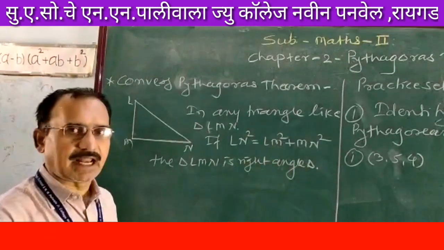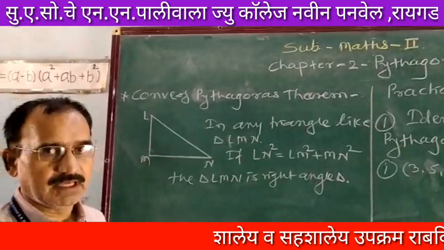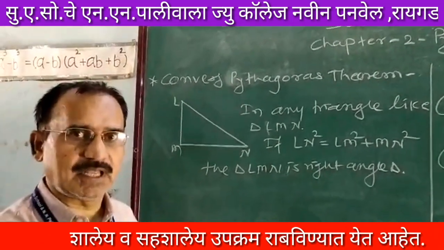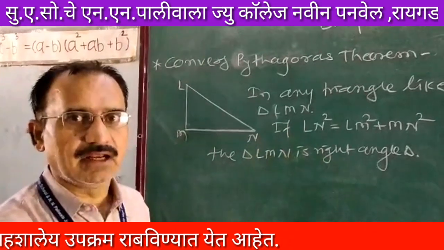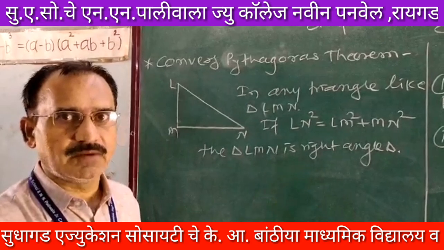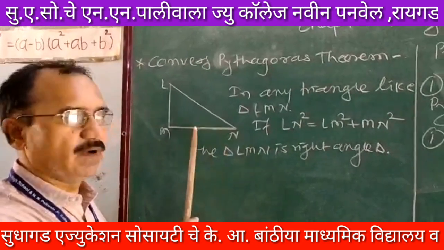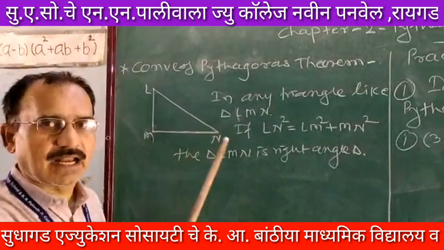Means in any triangle, if the square of the largest side, listen carefully to what I am telling you, is equal to the sum of the squares of the remaining two sides, then and only then the given triangle is a right angle triangle.